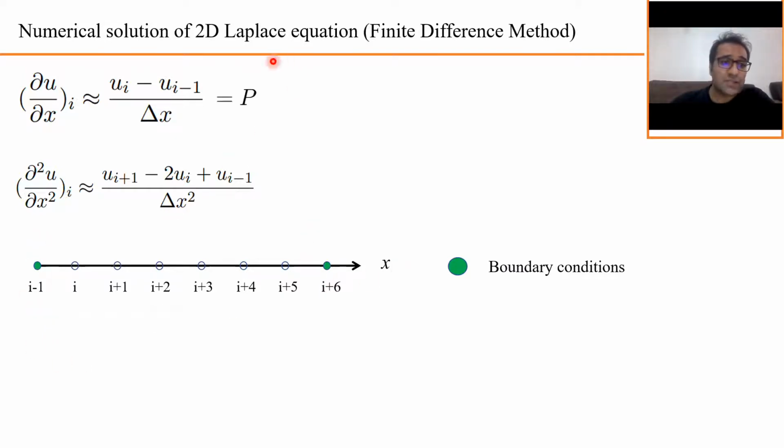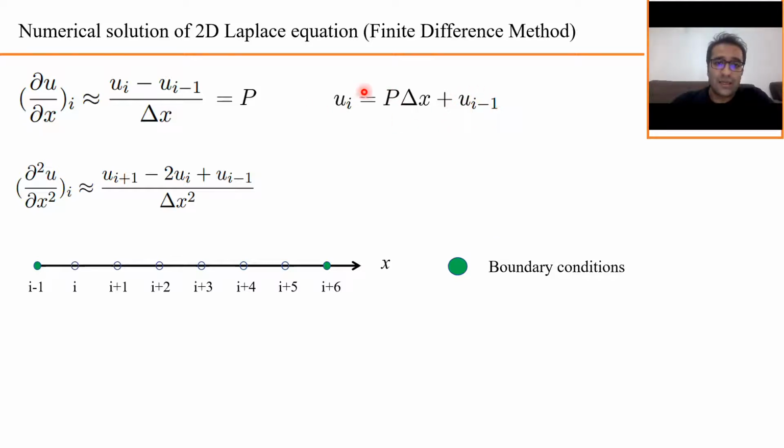So imagine that this first derivative becomes some known parameter. If I simplify it and try to find the value of the function at point i that is unknown, it is simply p delta x, which is a known value, plus u(i minus 1).